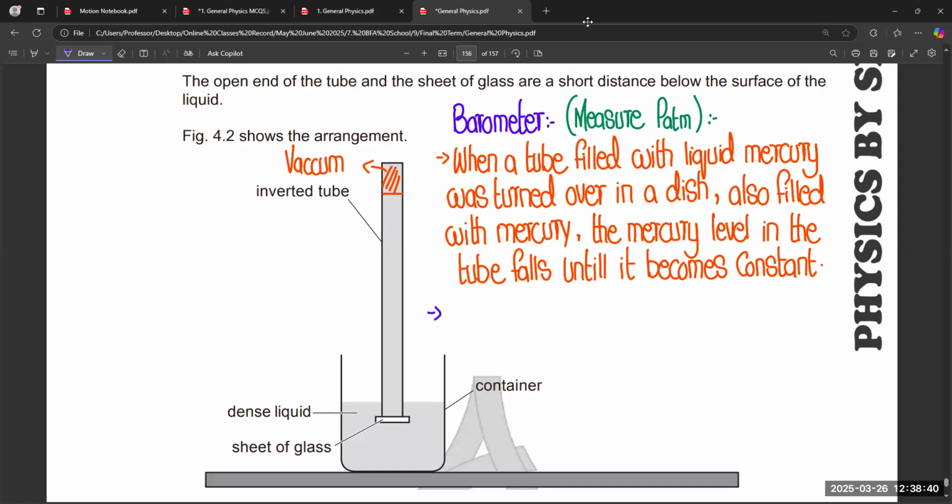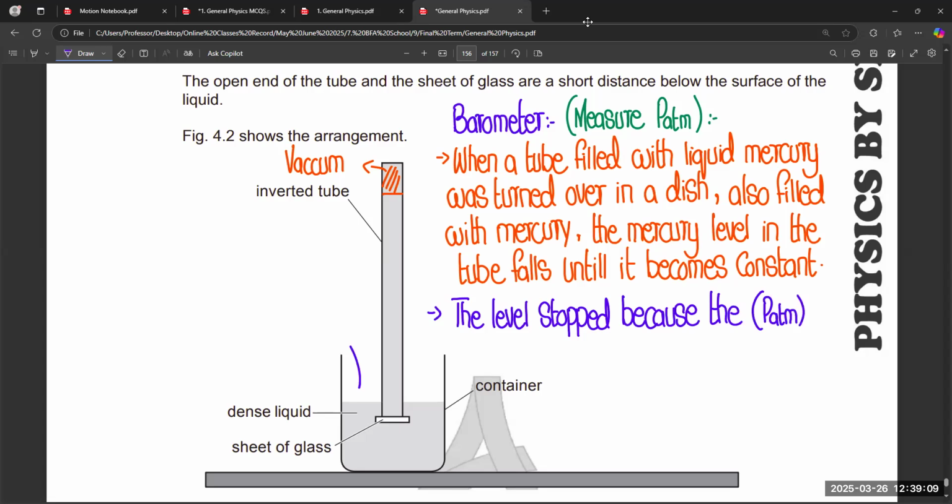So the answer is the level stopped because of the atmospheric pressure.